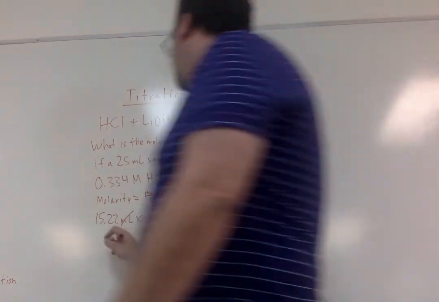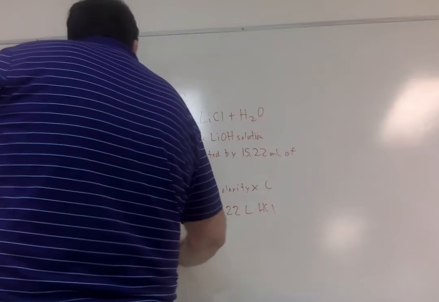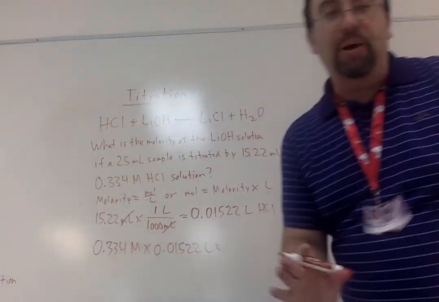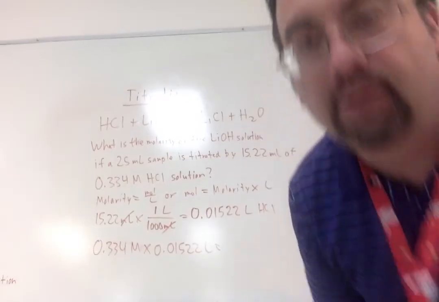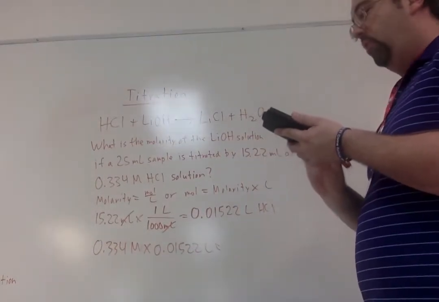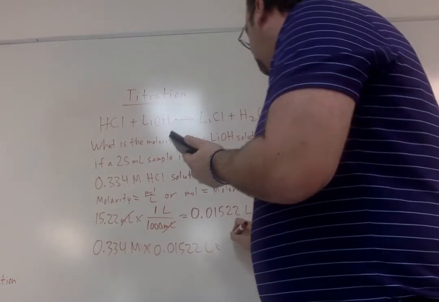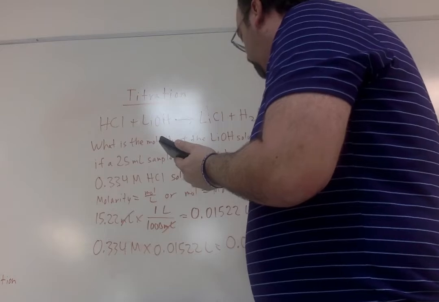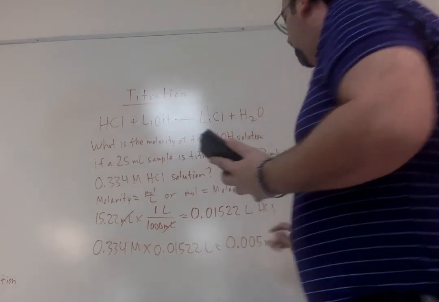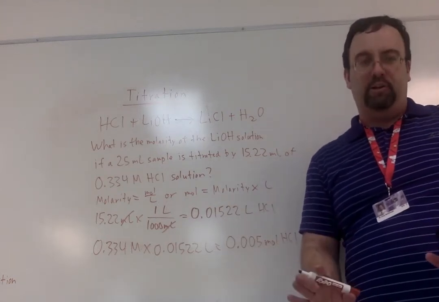Then we need to take 0.334 molar times 0.01522 liter, and that way we can calculate the moles of the HCl. 0.334 times 0.01522, we end up getting 0.005 mole HCl. This is now correct. I'm sorry for the confusion.